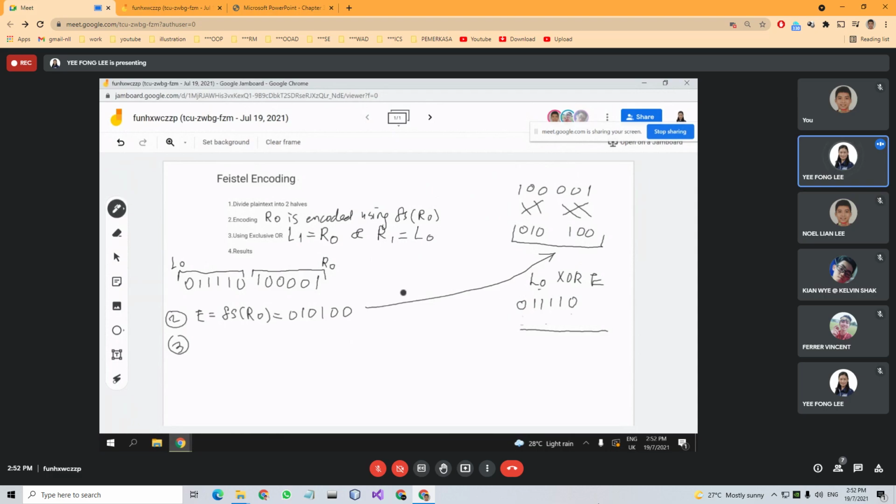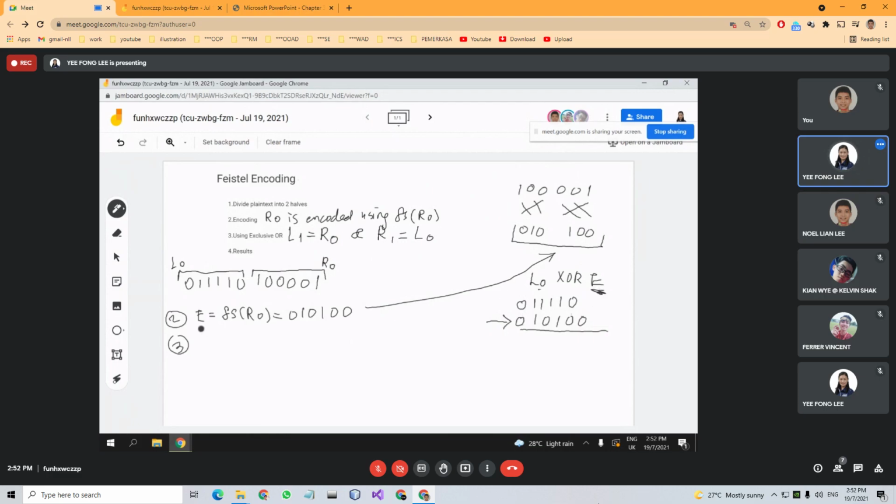So L0, and after that we have 0, 1, 0, 1, 0, 0. This 0, 1, 0, 1, 0, 0 is the encoded value that we got from step number 2, the E here.